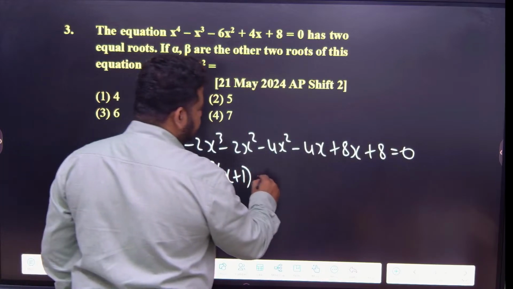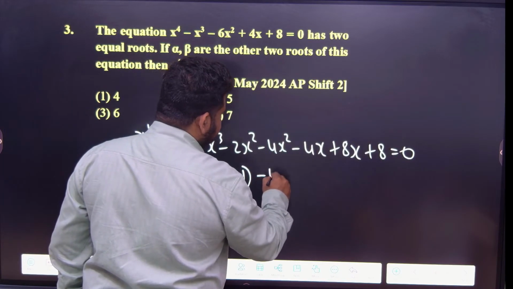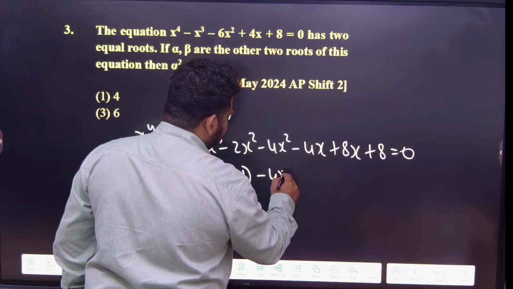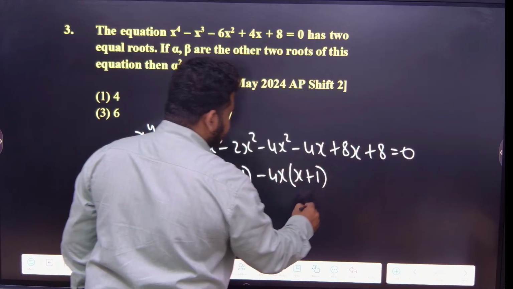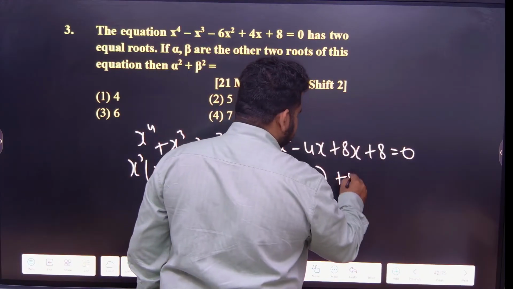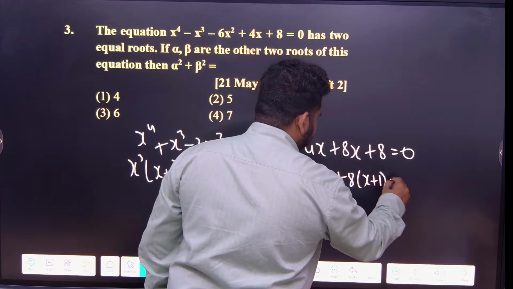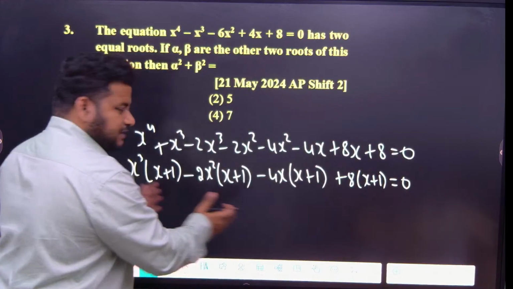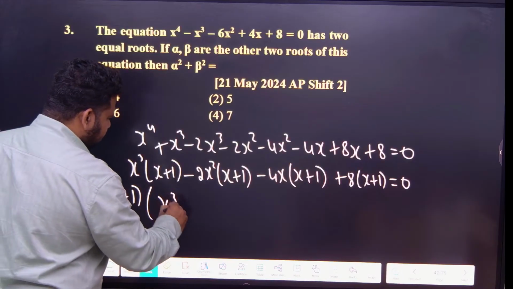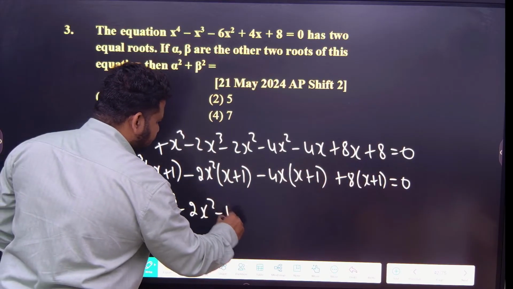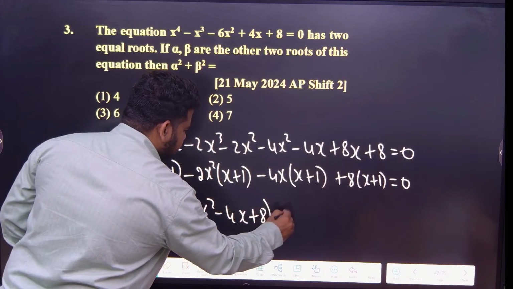Here I should take minus 4x common, this will become x plus 1. Here I take plus 8 common into x plus 1 is equal to 0. Now x plus 1 I will take outside, this will become x plus 1 into x cube minus 2x square minus 4x plus 8 is equal to 0.